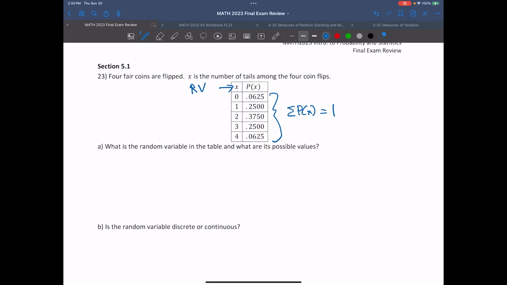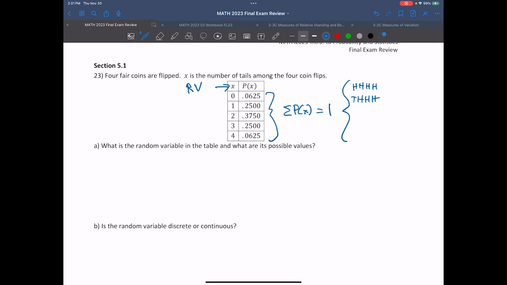And we really could list out the whole probability space here. It would just take a little while. So one possibility, the zeros, is essentially heads, heads, heads, heads. Then one tail would be tail, head, head, head. Oh, too many. 4 coin flips. So let's back that up. Should just be 4. Sorry about that. Then there's also head, tail, head, head. Then there's head, head, tail, head, and so on.